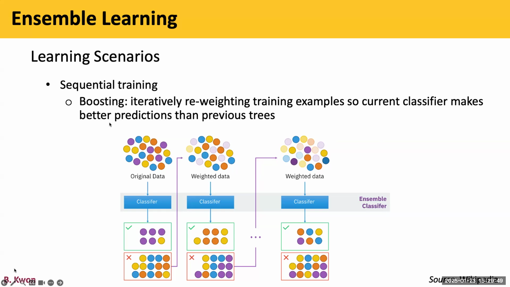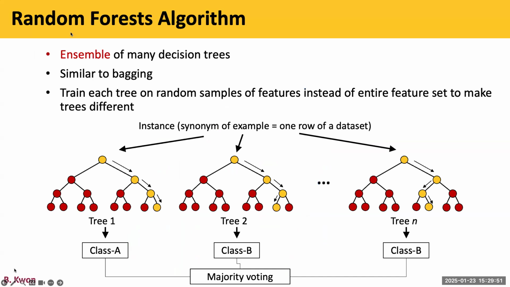But there is a very well-known method for decision trees. It's called the random forest algorithm, which basically means an ensemble of many decision trees. So you create multiple decision trees, and then you train them in parallel. So this is similar to the bagging method.